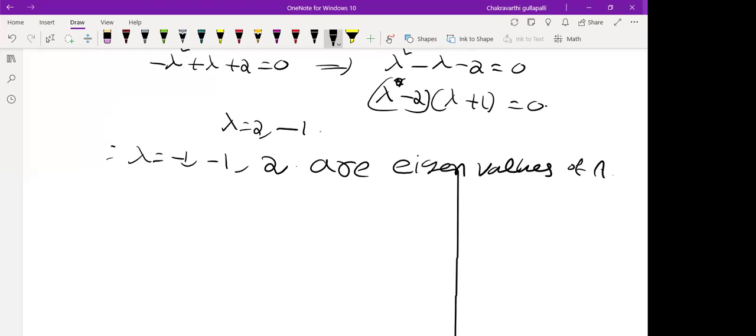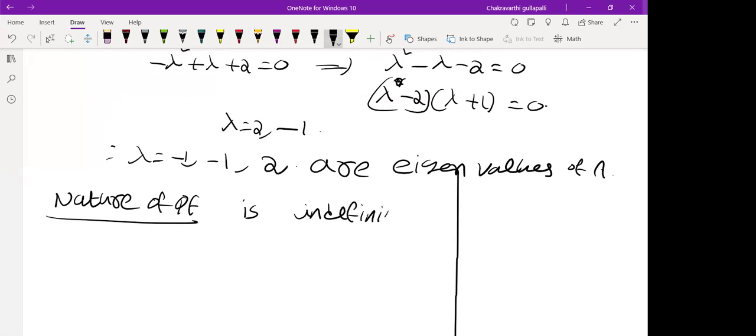If it is mixed negative and positive, what is the nature? Indefinite. Why indefinite? Because some eigenvalues are negative and some are positive.